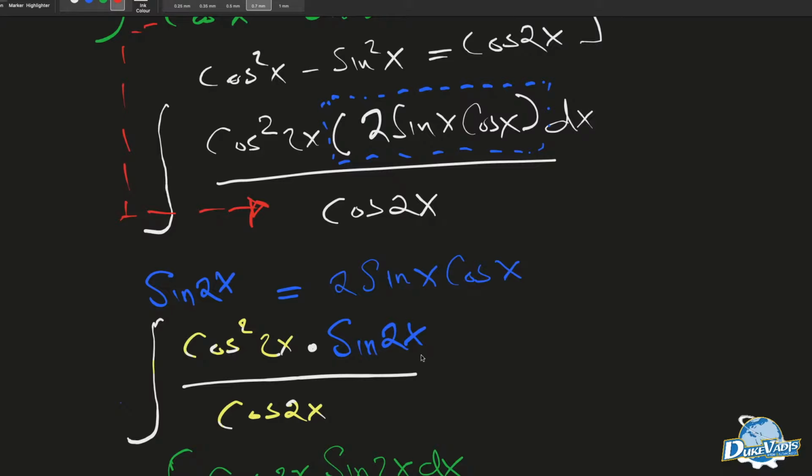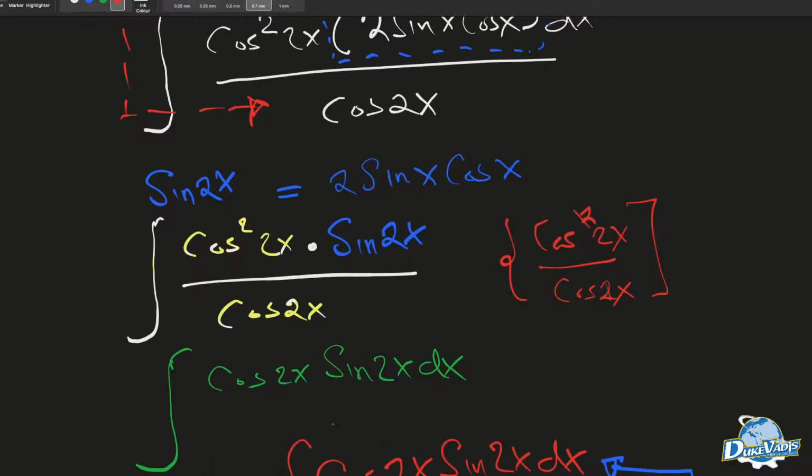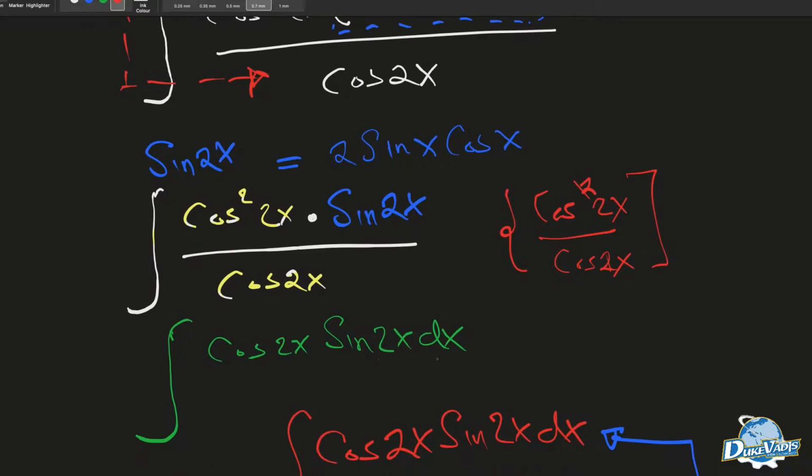So we substituted that in here. Then we realized that cos squared 2x over cos 2x will cancel to give us cos 2x. So then we're left with cos 2x and sine 2x dx.